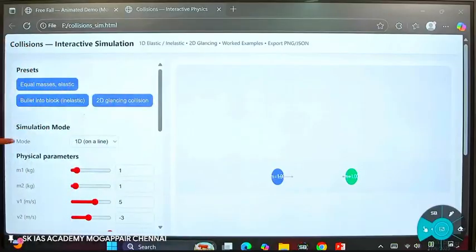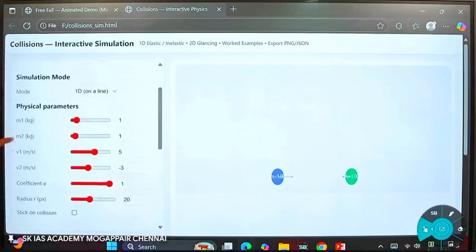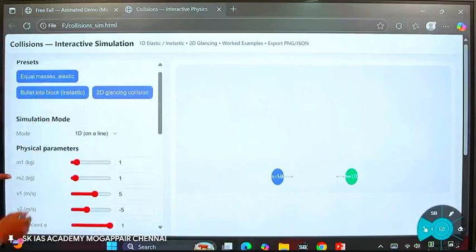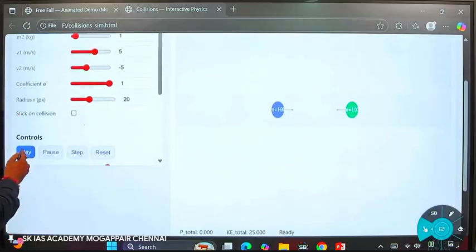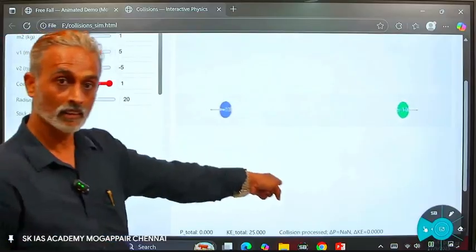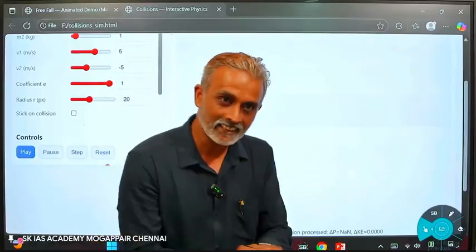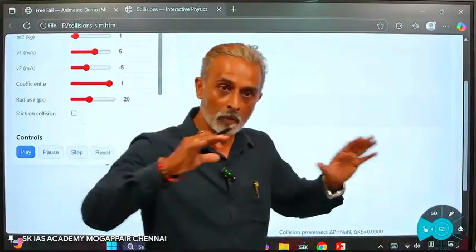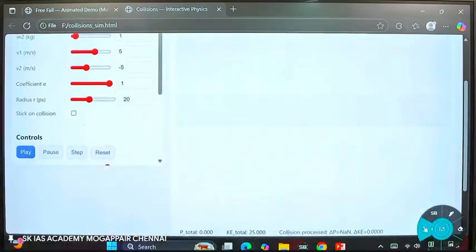Actually, in elastic collision, kinetic energy is conserved, momentum is conserved, and there are two bodies.